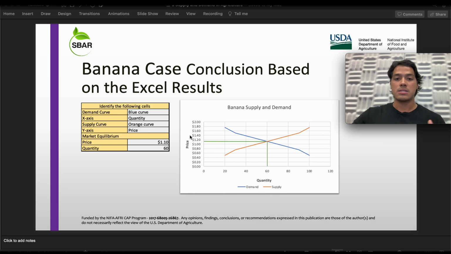The y-axis is going to be the price. Now for the market equilibrium, based on our green lines, we have that the price is going to be 1.10 dollars, and for the quantity we have 60, which is down right here. So this is going to be our final case study based on the banana market.